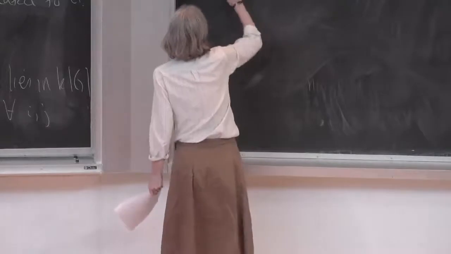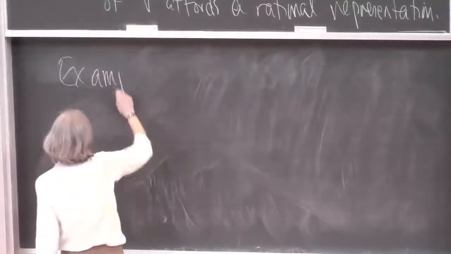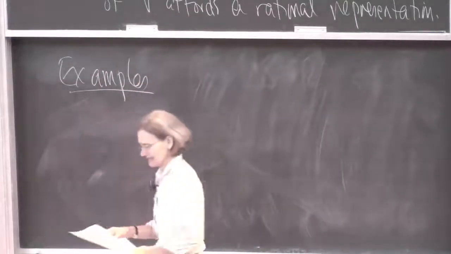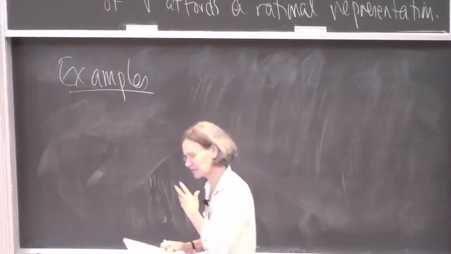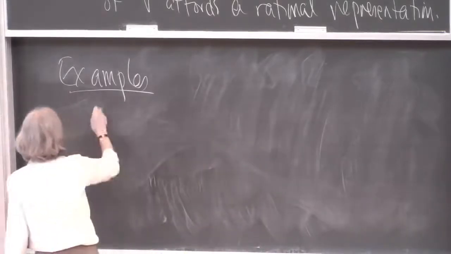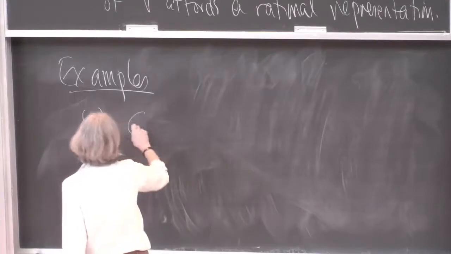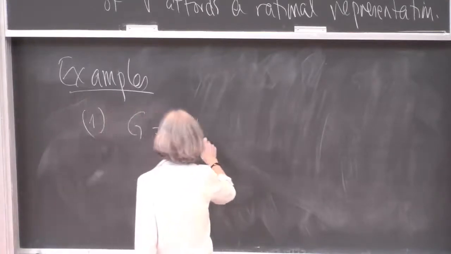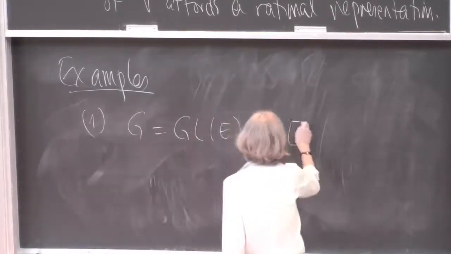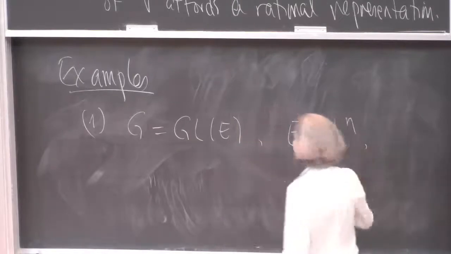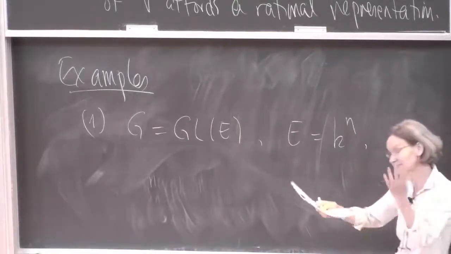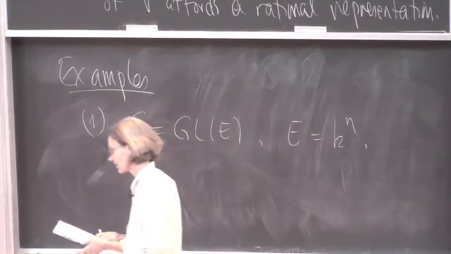Examples. Let's see. Let's take the easiest ones at the beginning. Let G be GL(E), where E is K^n. So I just take the mother of all of our algebraic groups.